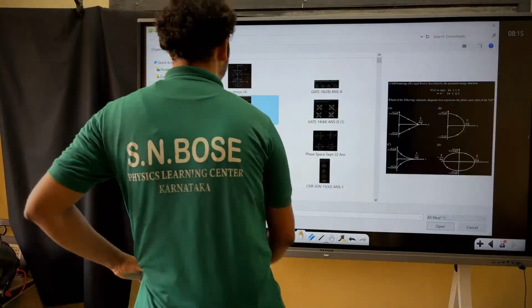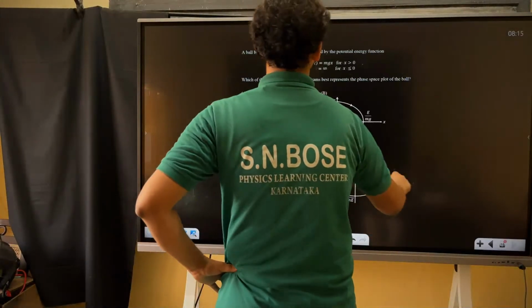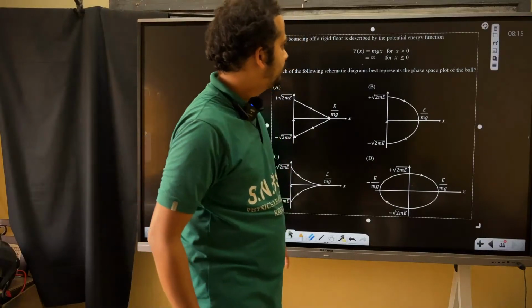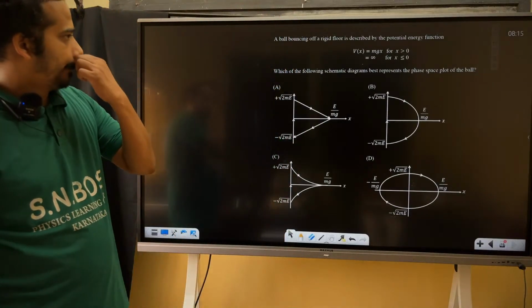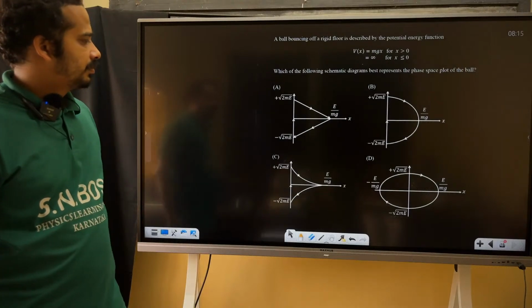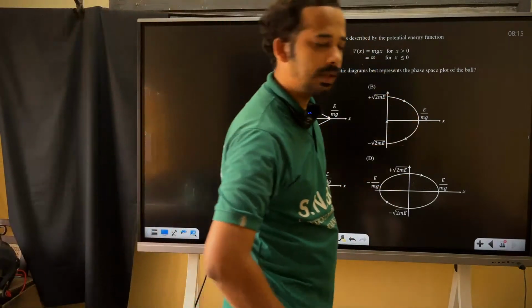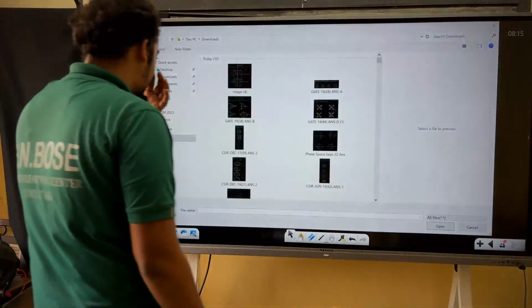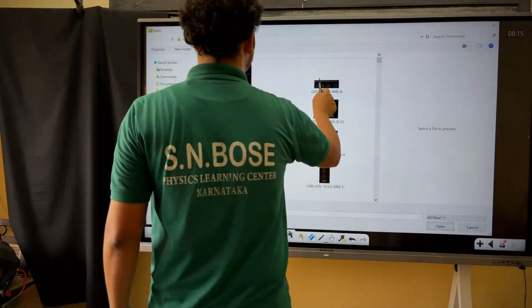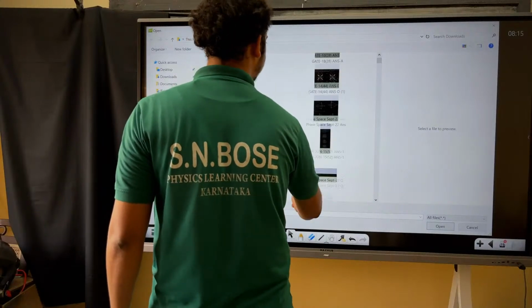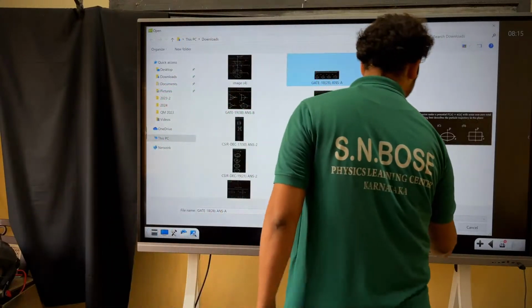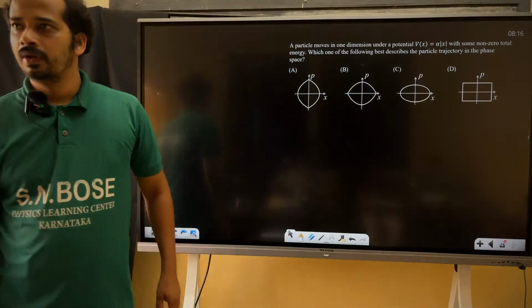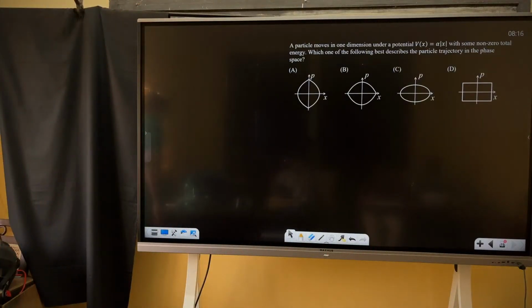Okay. Suppose this one, a particle bouncing. I mean, you take energy as conserved here. Elastic one. From the GATE exam. This is one more.